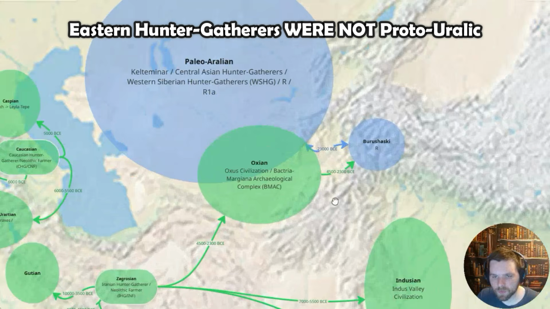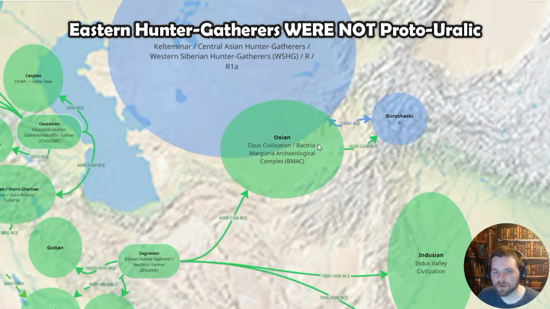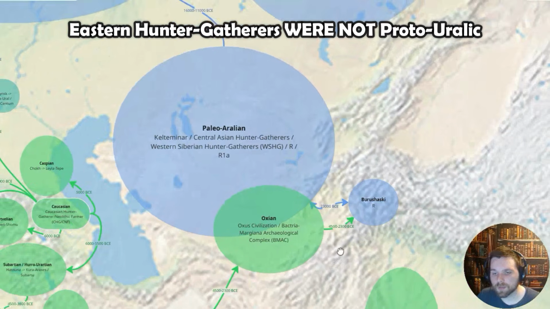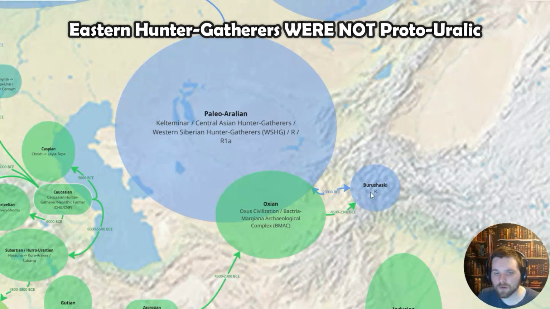They have a little bit of Iranian Neolithic ancestry as well, when the Oxus civilization kind of got into the area and contributed to some of their ancestry. But nonetheless, they retained a core of Ancestral North Asian.